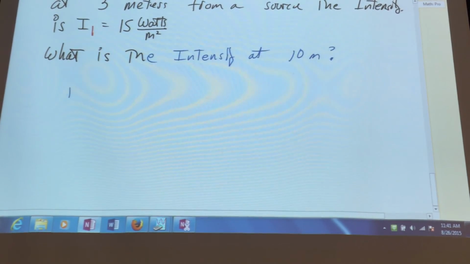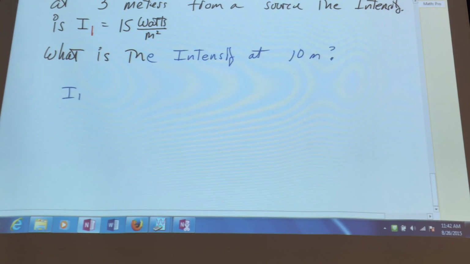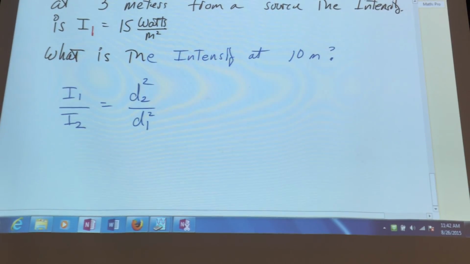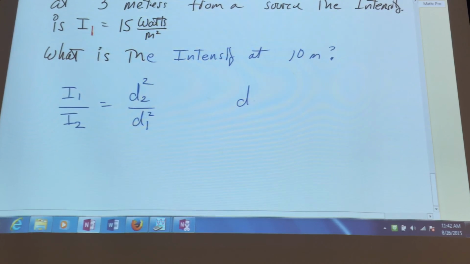Hopefully you're saying I1 over I2 is equal to D2 squared over D1 squared, where D is the distance.